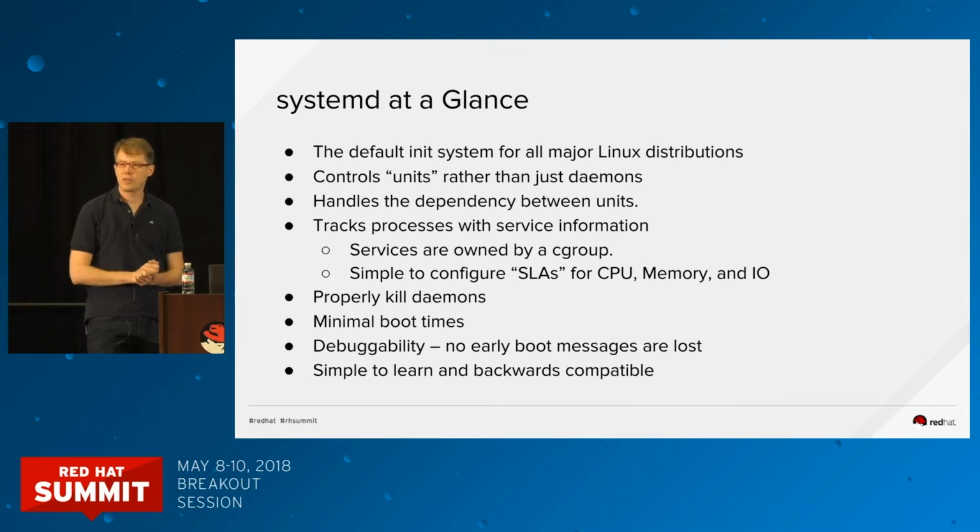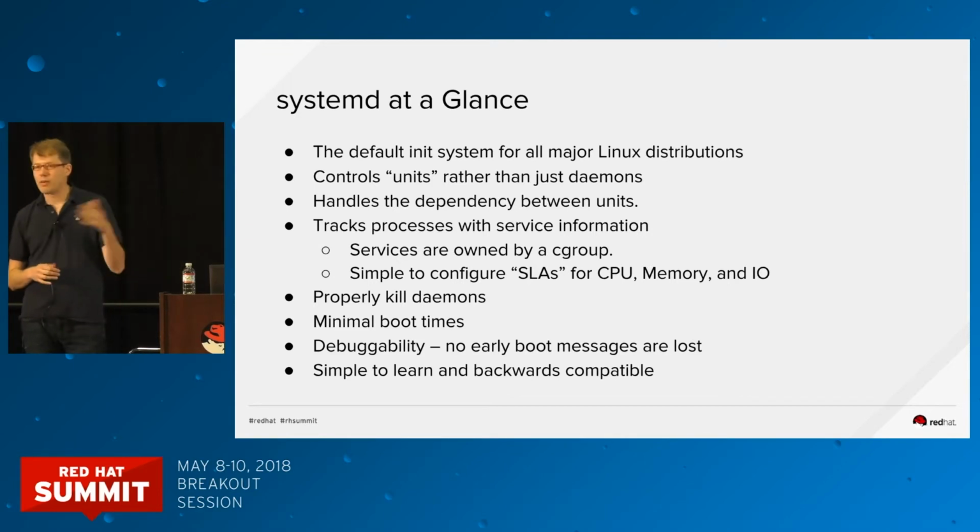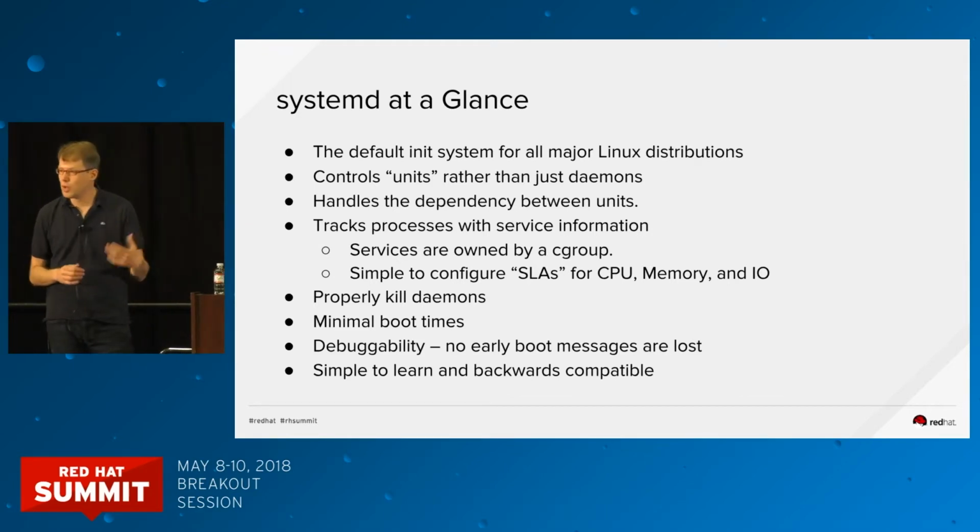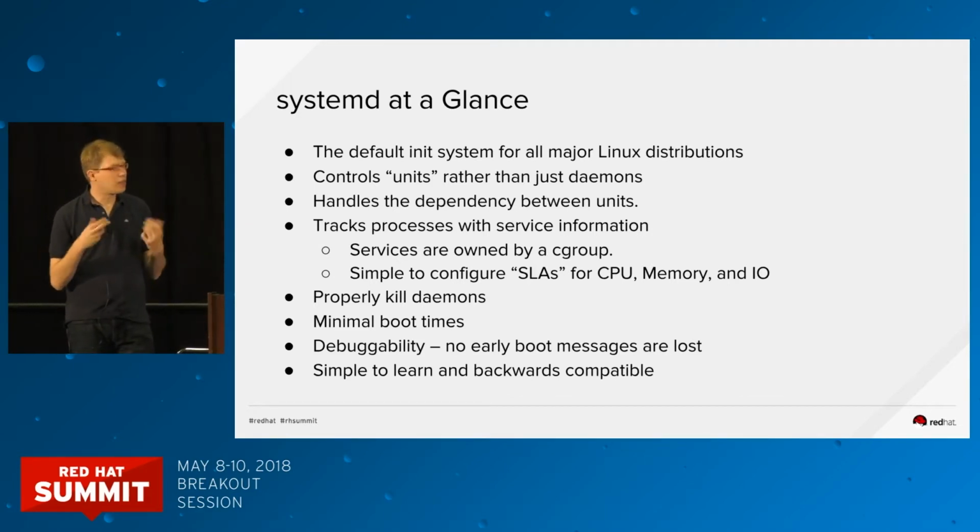One key feature of systemd that I always like to talk about is actually the ability to properly kill daemons, which sounds super basic and sounds like something that the prior init systems could do too. But actually, it's much more complex than people think, and systemd for the first time can do this properly. What is that about?